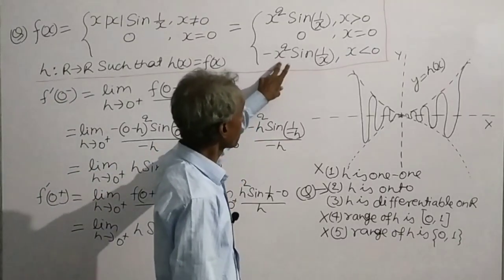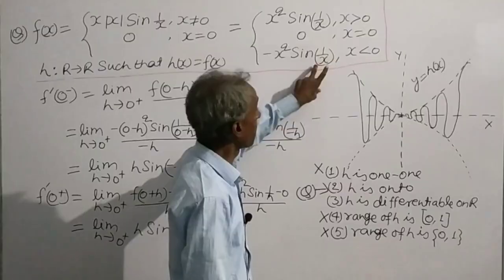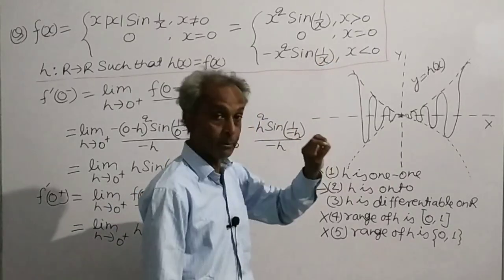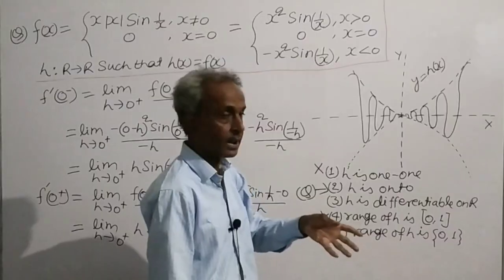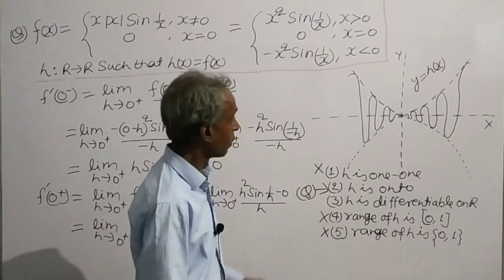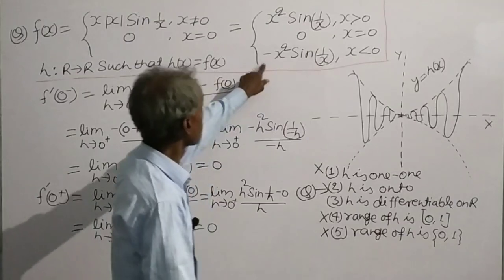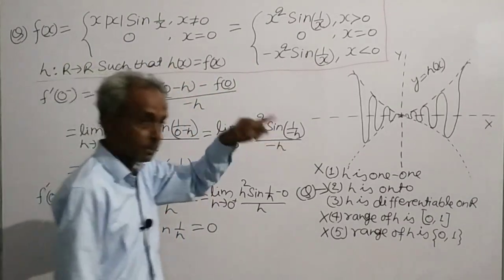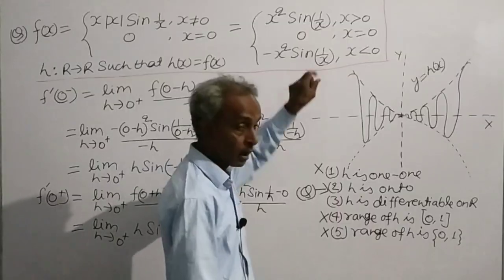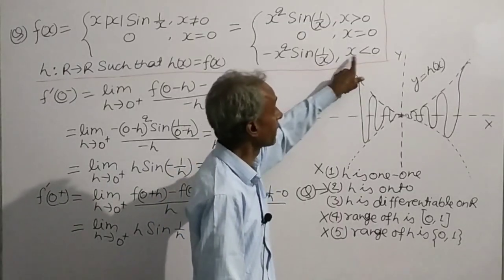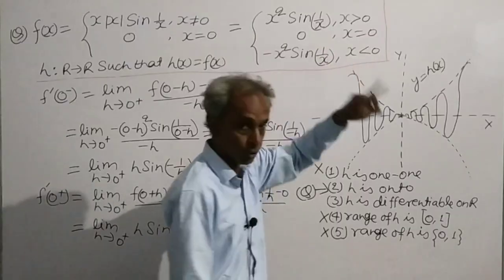Since minus x square sin 1 by x is also differentiable at all real x except x is equal to 0, therefore this h will be differentiable at all real numbers less than 0.